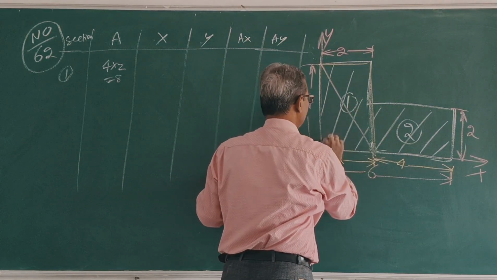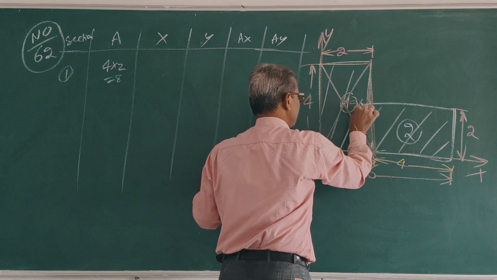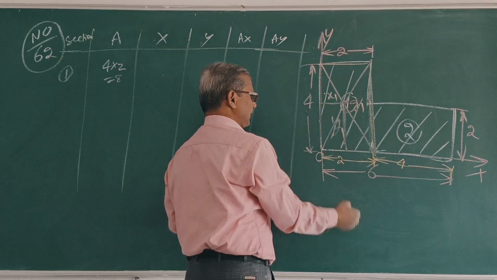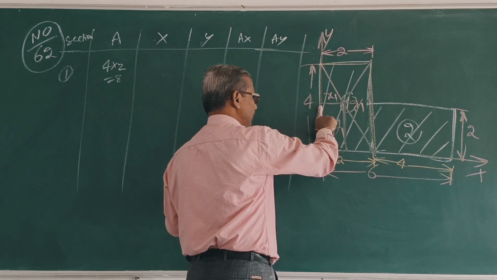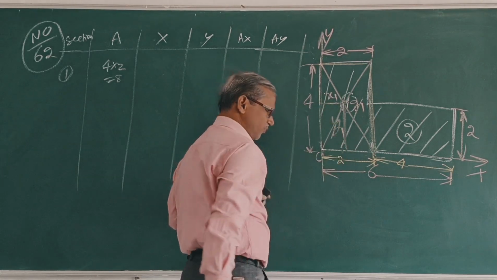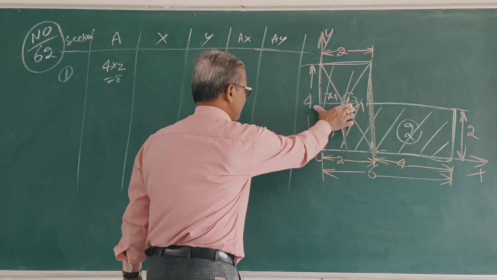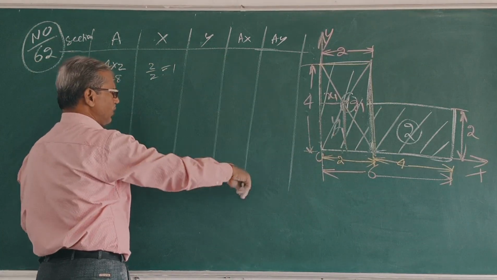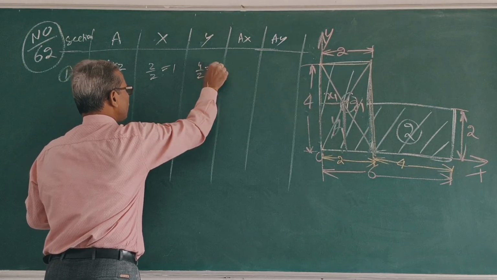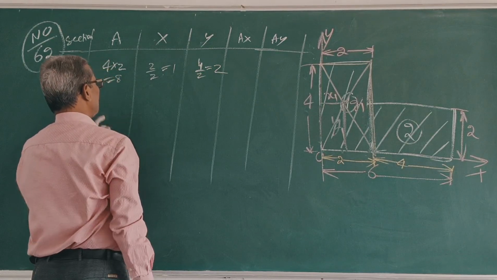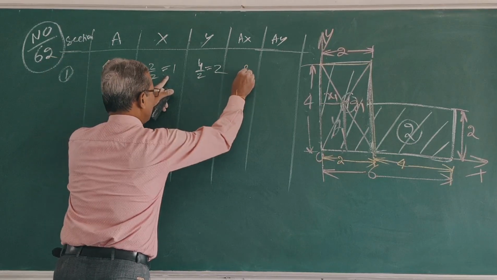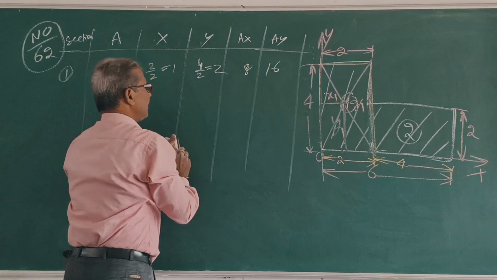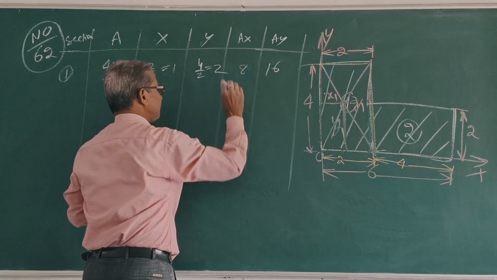This is G1, this is x1, this is y1. What is x1? 2 by 2, which is 1. What is y1? 4 by 2, which is 2. What is Ax? 8. What is Ay? 16. A into x, A into y. Clear?